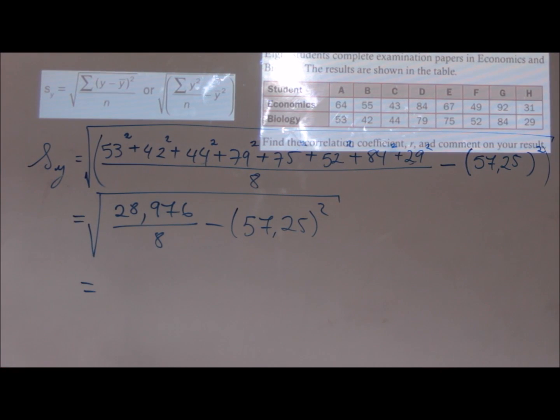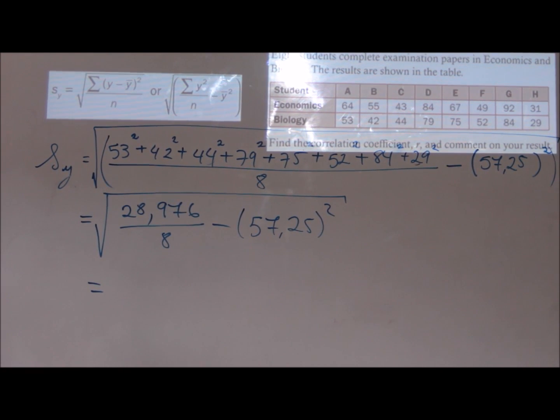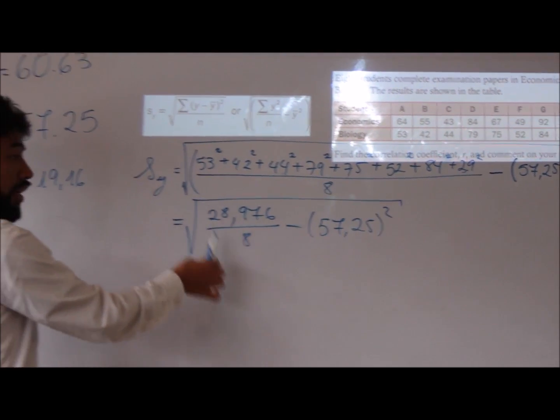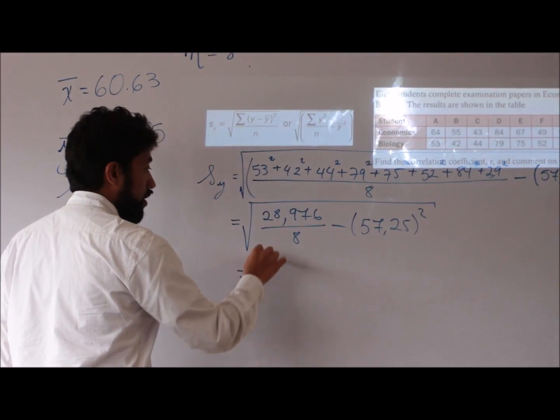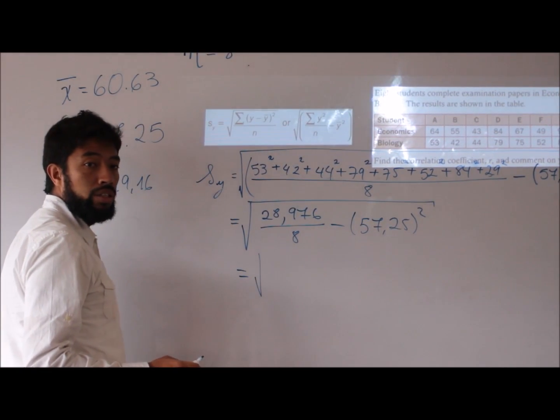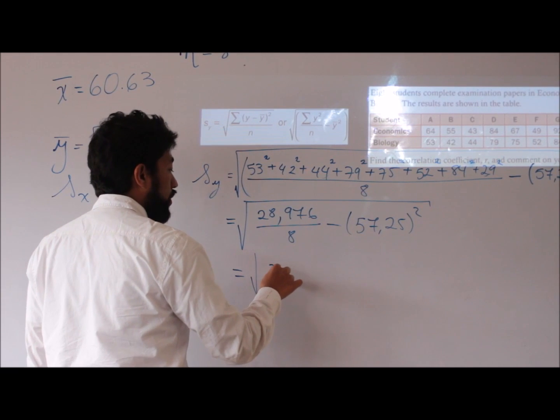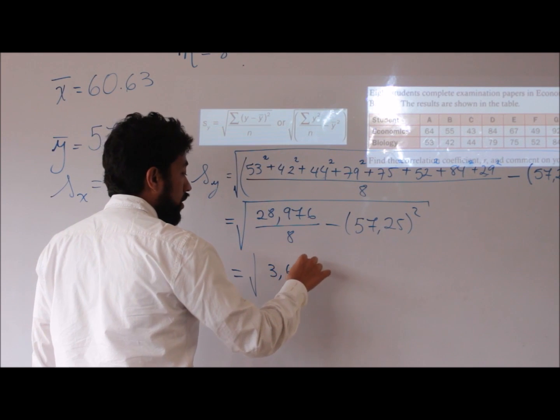Now, division. This divided by this. 3,022.622.